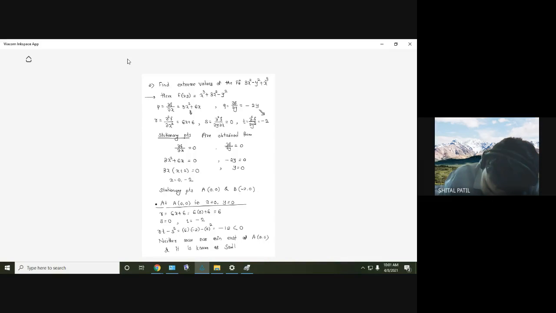Neither maxima nor minima exist at 0, 0 and therefore it is known as saddle point.